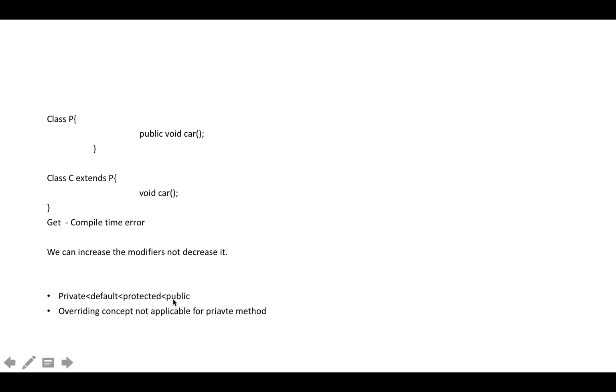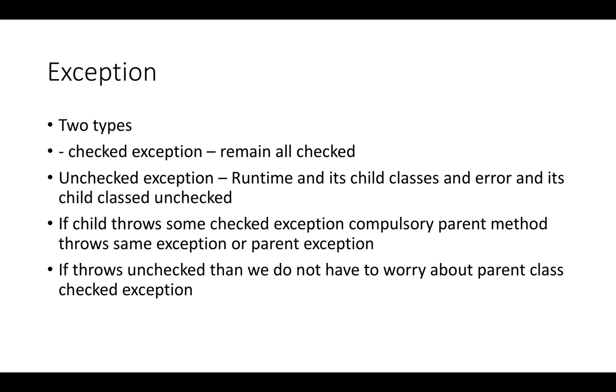Public is the top modifier, so we can only define public in the child class. If we define protected in the parent class, then we can define protected or public. If we define default in the parent class, then we can use default, protected, or public. And private is not applicable for overriding. That's already what we discussed.